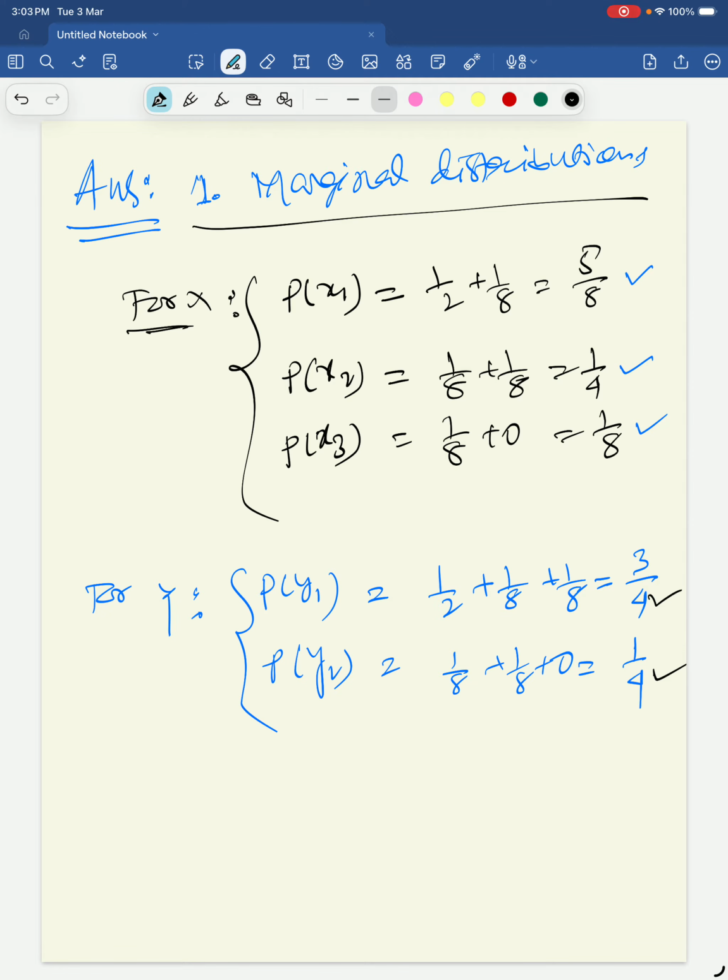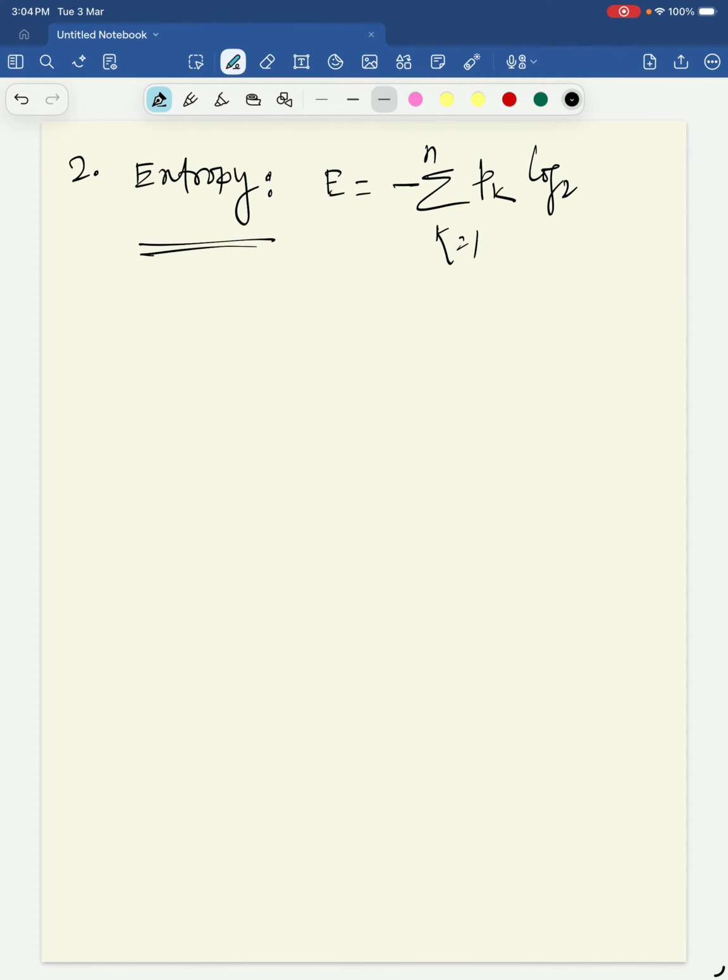Now we'll go for the entropy calculation. Number 2, entropy. We know the formula of entropy: entropy H of any system is minus summation over k equal to 1 to n of pk log pk. If we remove the negative sign, it becomes summation of pk log to the base 1/pk.